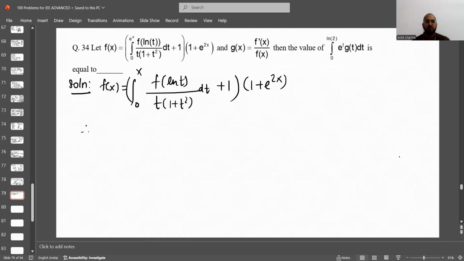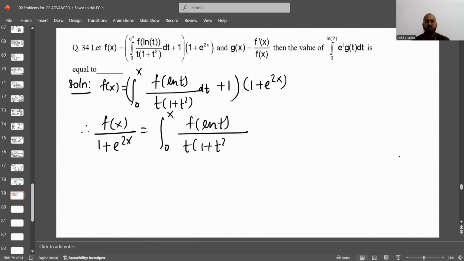All right. So the best thing that would come to our mind is to transfer this 1 plus e power 2x to this side and simply differentiate on both sides. So f of ln t over t into 1 plus t square dt, and then plus 1.